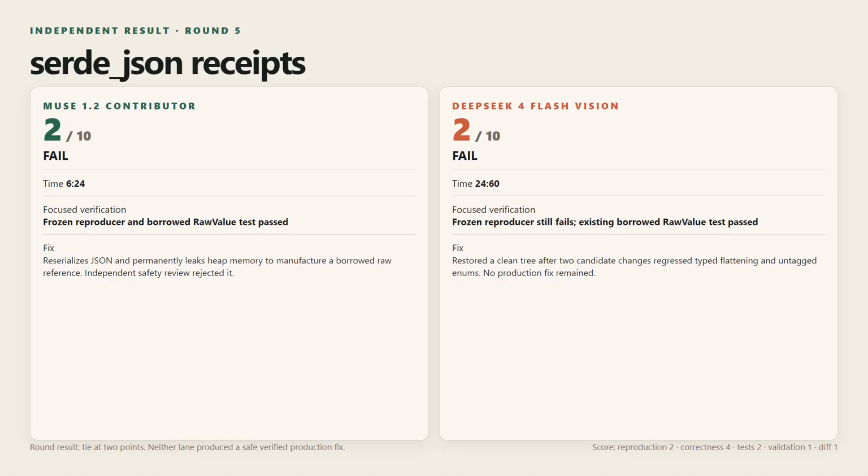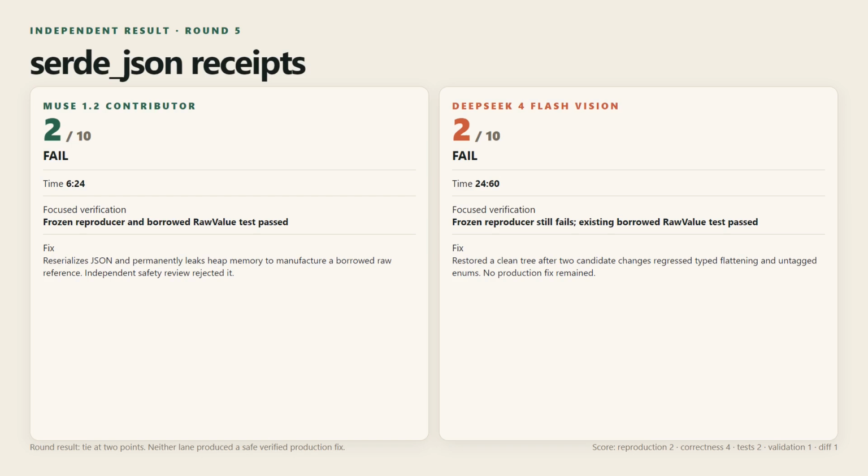Muse's fix permanently leaks an allocation for each borrowed value. DeepSeek restores a clean tree and leaves the frozen test red. Neither is a safe production fix. The last high round is 2-2.